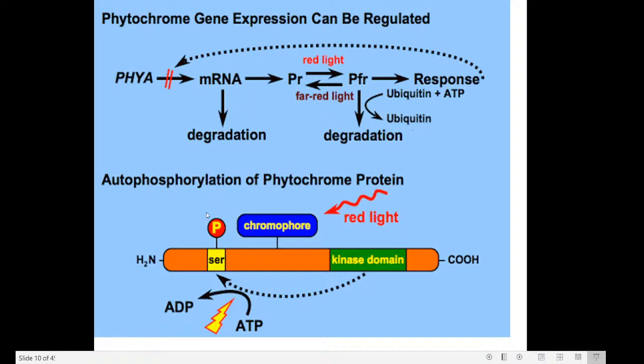Autophosphorylation happens with the phytochromes. The phytochromes are present over the gene. This serine domain has a phosphate group. When phytochrome 2 observes the red light, that stimulates the phosphorylation. This is the autophosphorylation in the phytochrome protein.